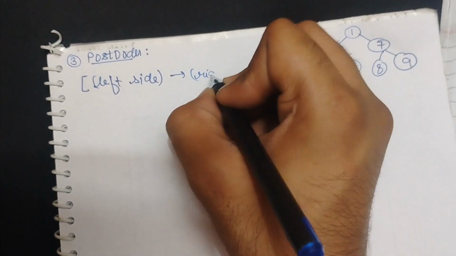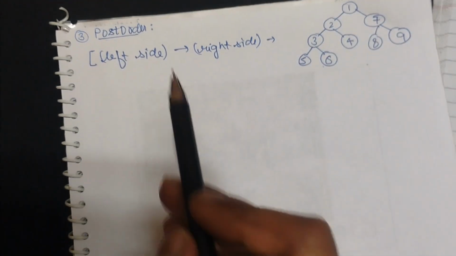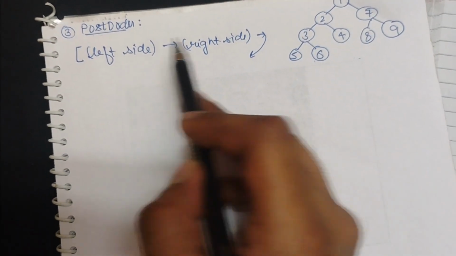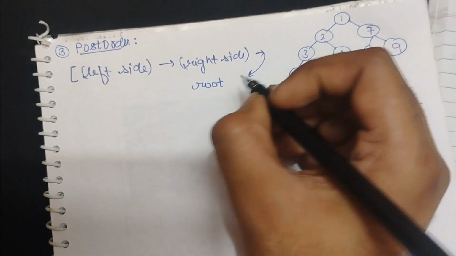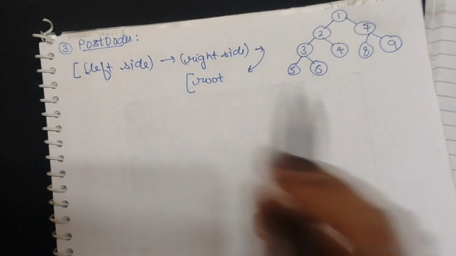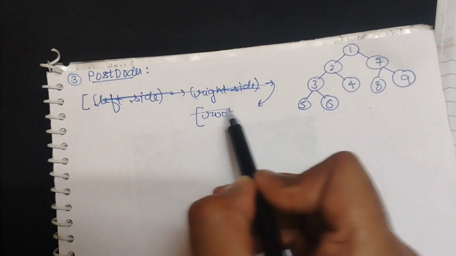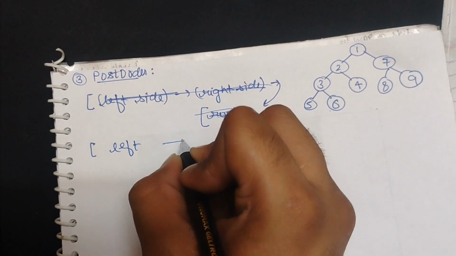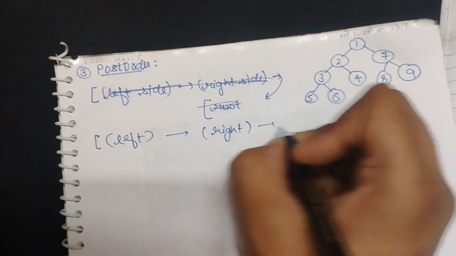After visiting the left side, we'll visit the right side of a node, then after right we'll visit the root. So that's how it'll be from left to right. Let me write it in a single line. We'll move from left to right and then from right to root.